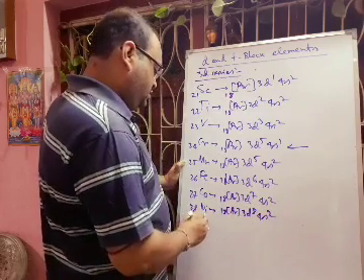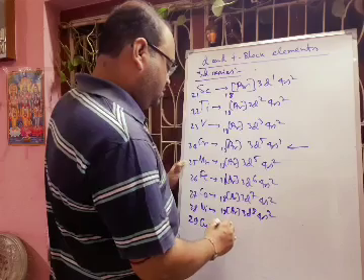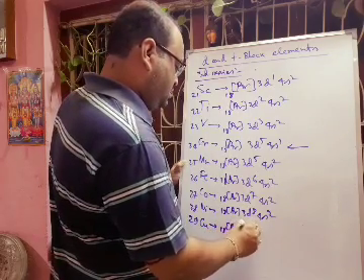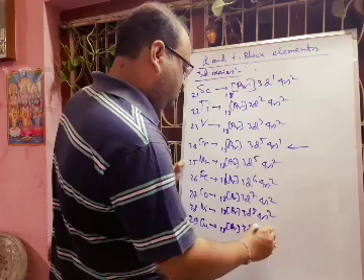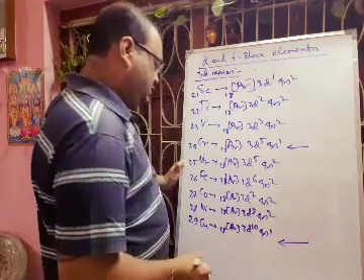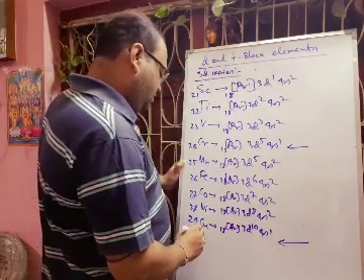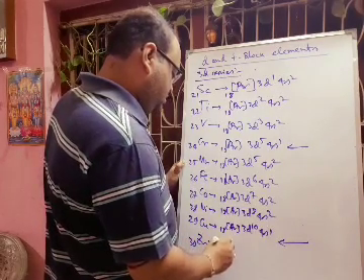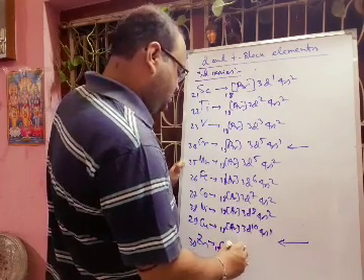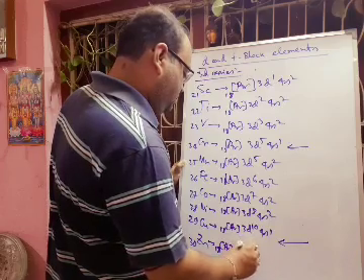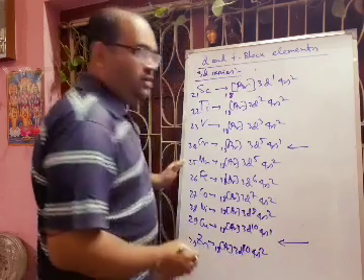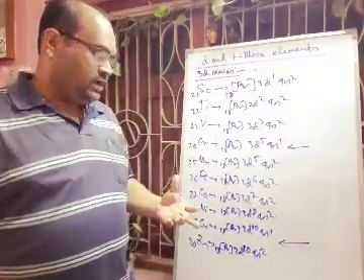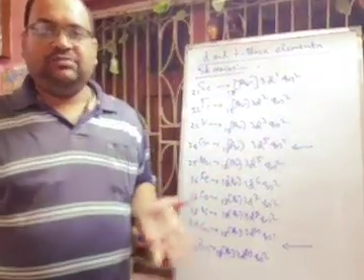And then copper, 3d10 4s1. So this is another anomalous electronic configuration. Then zinc, 3d10 4s2. Now here what you have observed is that chromium and copper have exceptional electronic configurations.